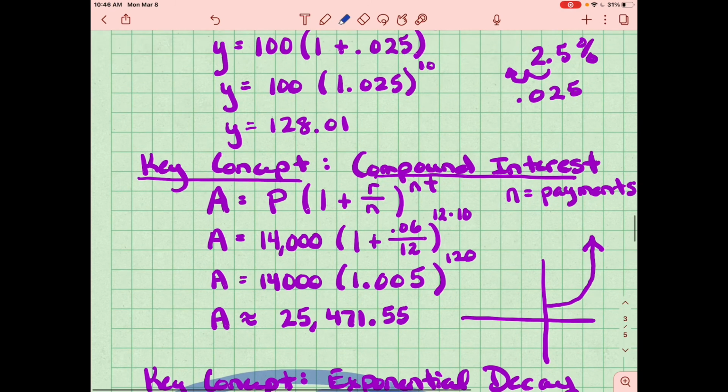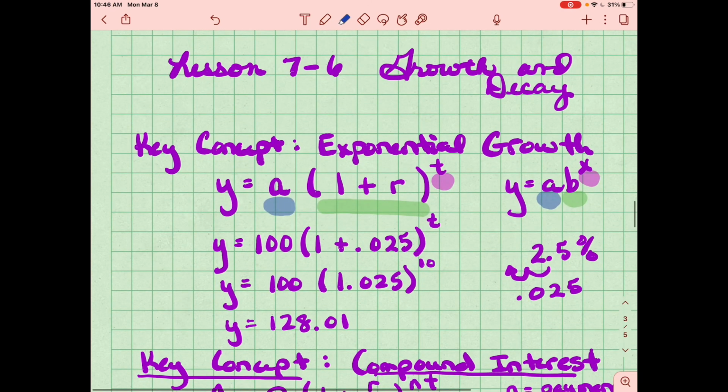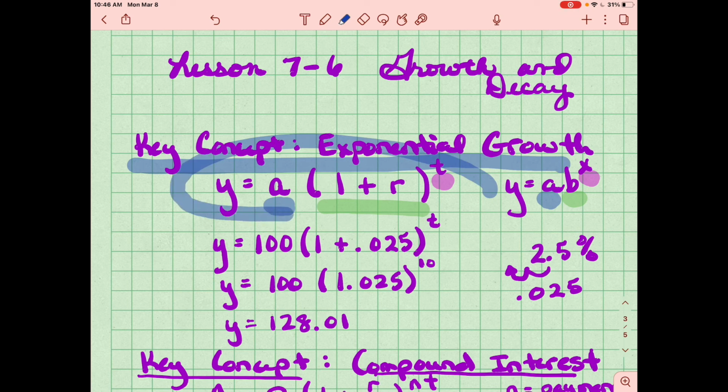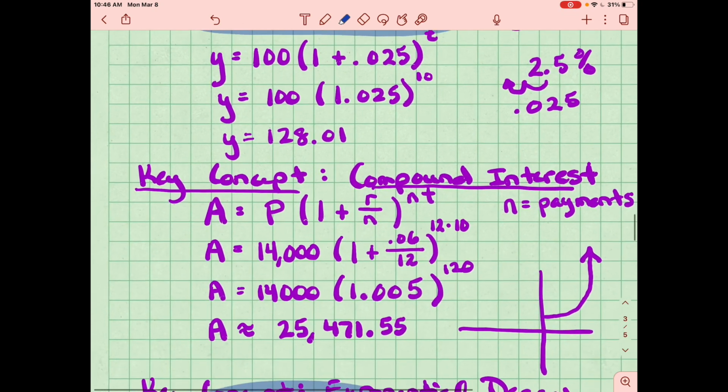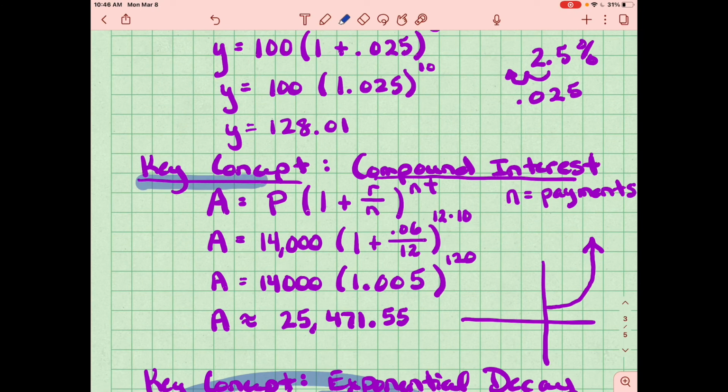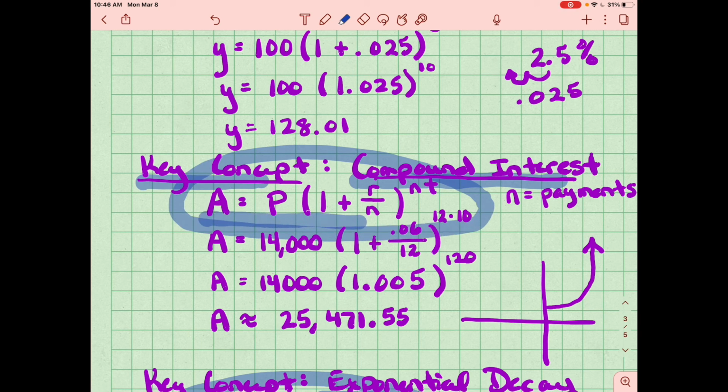Let's go back to the key concept of exponential growth. We have y equals a times 1 plus the rate to the time. And then we also dug in a little deeper to the key concept about compound interest, which is a great example of exponential growth. And the equation for that looks just like this.